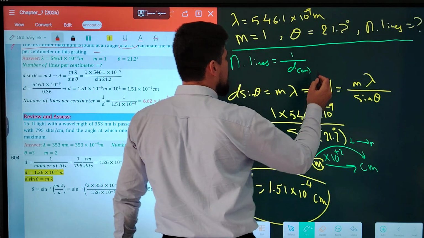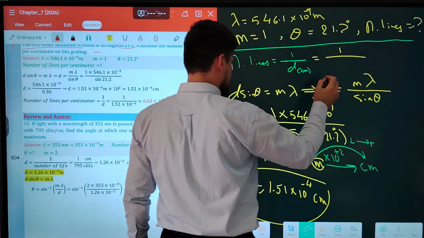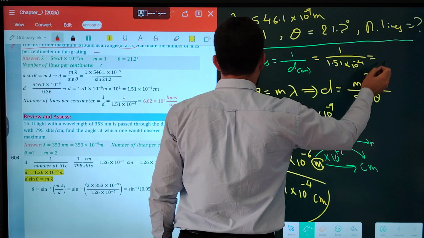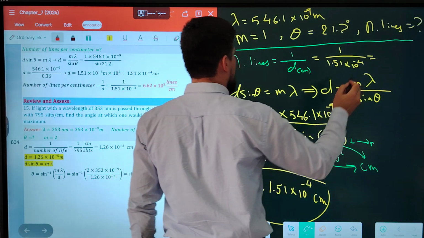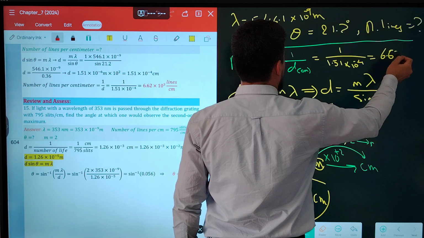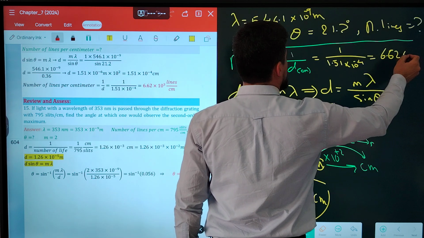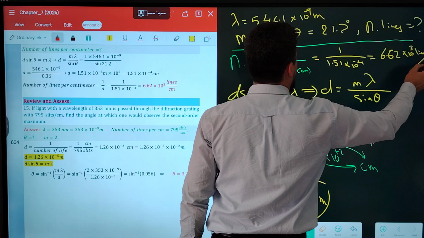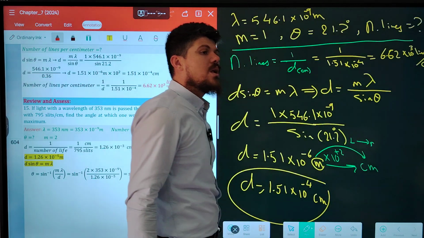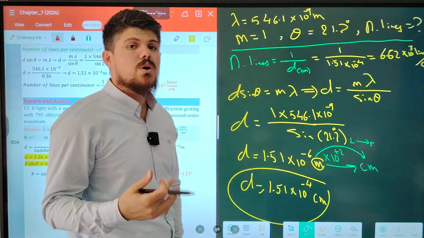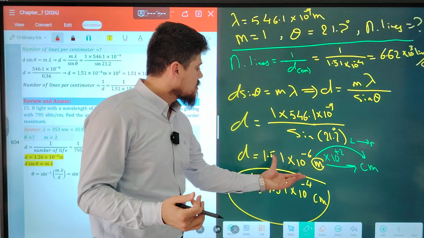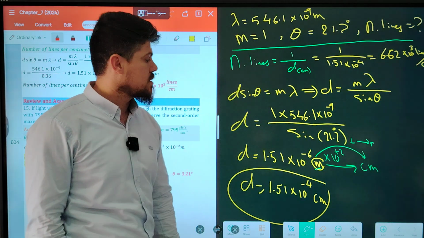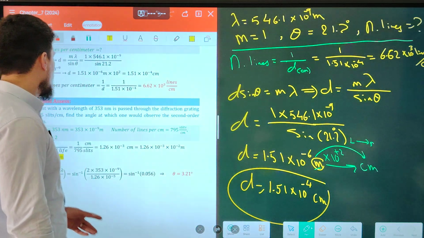Now we can put this d here. 1 divided by 1.51 times 10 to the power negative 4 is equal to 6.62 times 10 to the power 3 lines per centimeter. But if the question says find the number of lines per meter, don't convert to centimeter. You can put the distance directly in meters, okay?